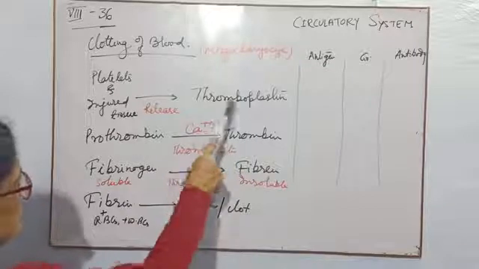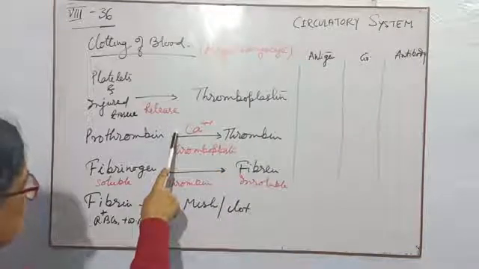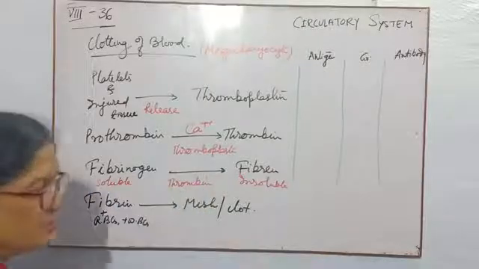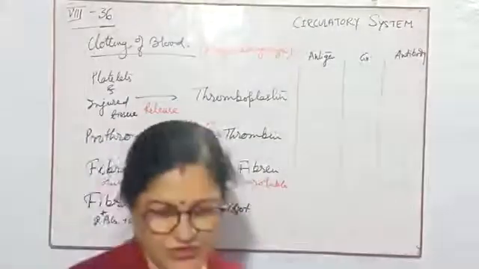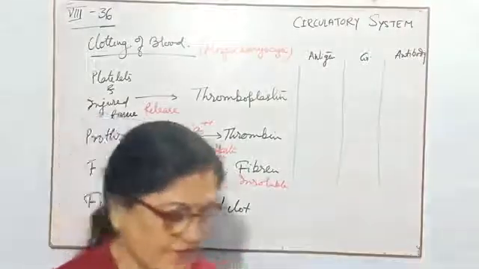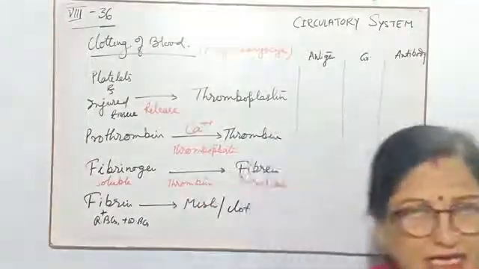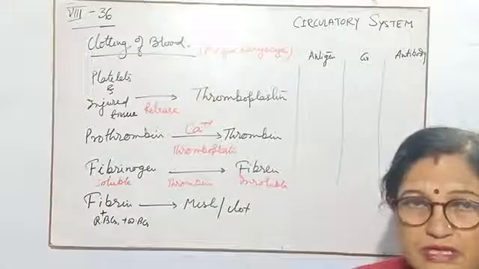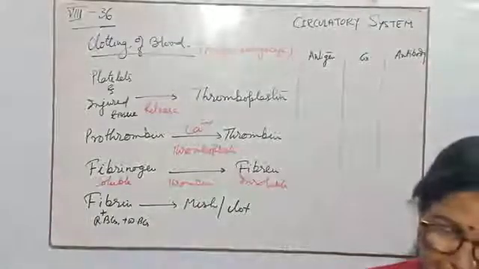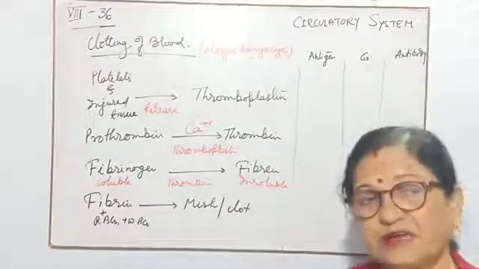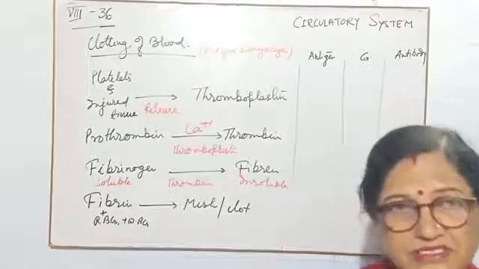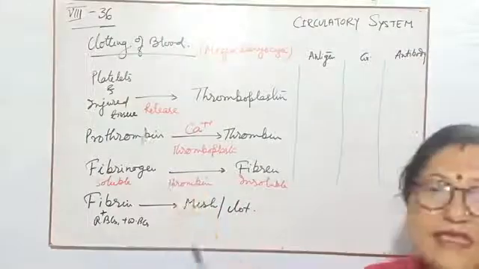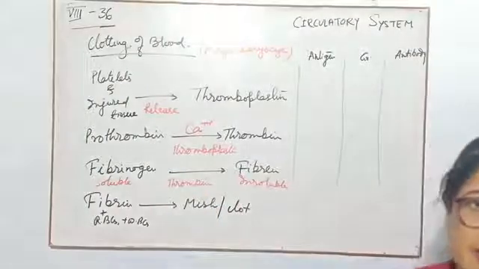This thromboplastin, along with the calcium ion, changes the prothrombin into thrombin. Children, one thing I want to tell you: prothrombin is also an enzyme, and if it has pro in front of its name and gen at the back, you can understand that this enzyme is released in an inactive form.